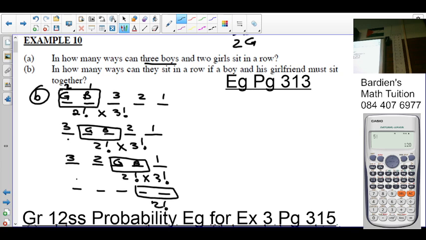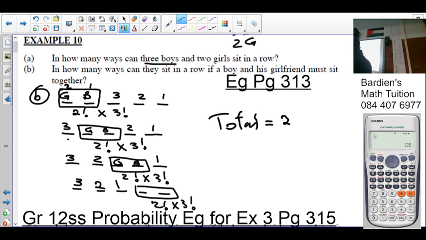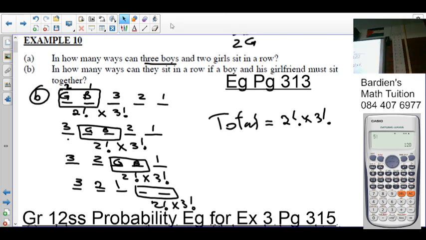How many options do I have here? 3, so it's times 3 factorial. So the total here is simply going to give you 2 factorial times 3 factorial. And how many of those are there? 2 factorial times 3 factorial.